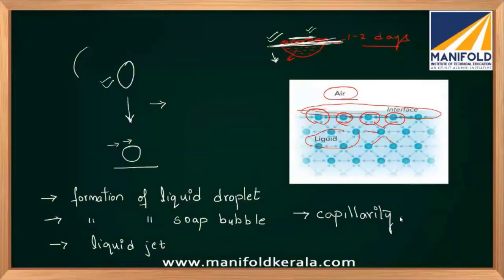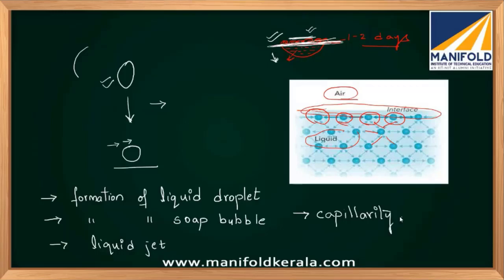Surface tension forms a liquid droplet whenever rain is falling from your terrace. Look at the raindrop. It will not be a round spherical shape, but when it comes nearer to the earth surface, it becomes spherical. A pressure difference and high cohesive forces are created there.